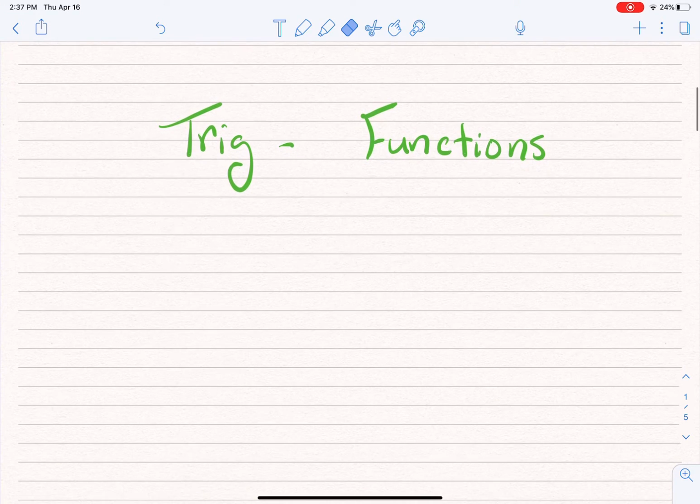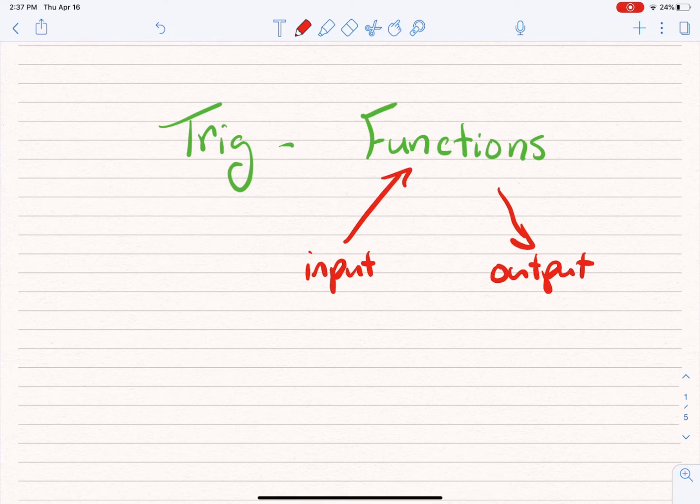Okay, first of all, we've talked about that trig, or trigonometry, is all about functions. And functions have an input and an output. And we know that the input of every trig function, and everybody should be screaming this, is the measure of an angle.